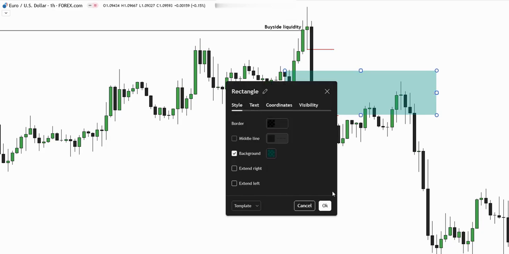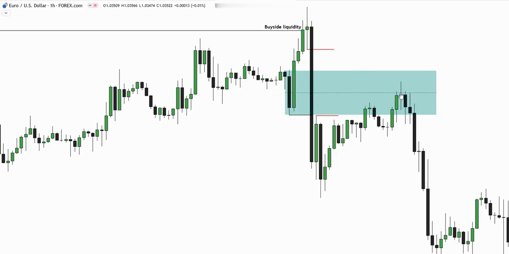Look at this. I want to add a middle line there. So I know some of you will be like, this is it. The bodies after the market structure shift are respecting 50% of the breaker, and also they never closed above this breaker.